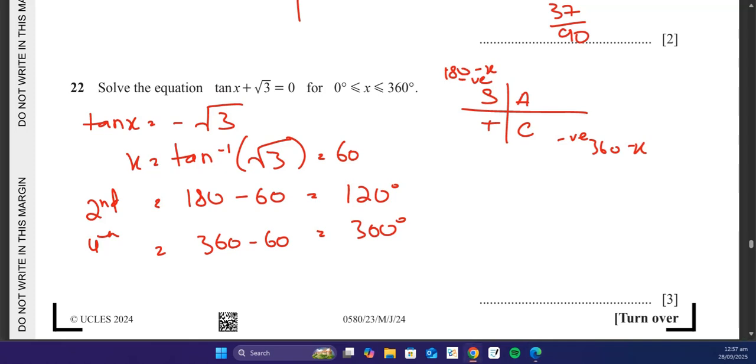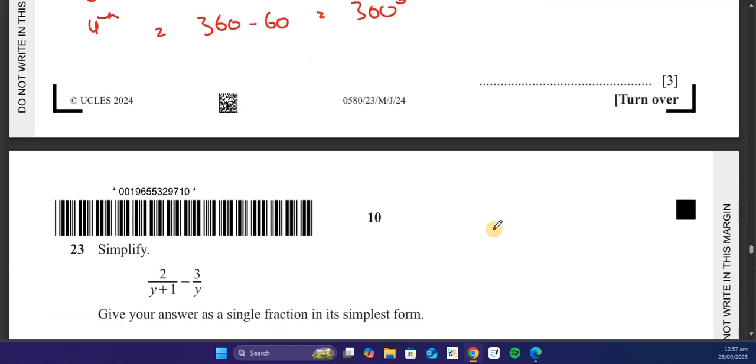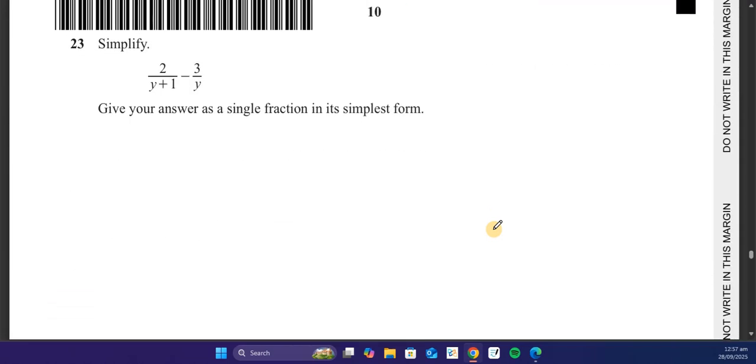All right, moving forward. Simplify 2 over y plus 1, minus y over 3. Give your answer as a single fraction in its simplest form. So we're just going to take the LCM.